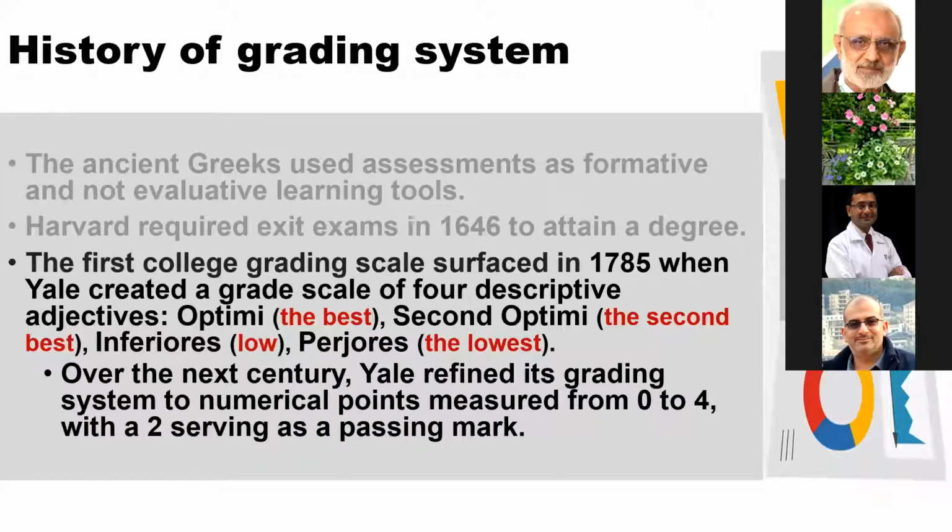The first college grading scale appeared in 1785 when Yale created a grade scale of 4 descriptive adjectives: the best, the second best, the low, and the lowest. Over the next century, Yale refined its grading systems to numerical points measured from 0 to 4. When a 2 was given as a passing mark, that meant the 50% passing mark.